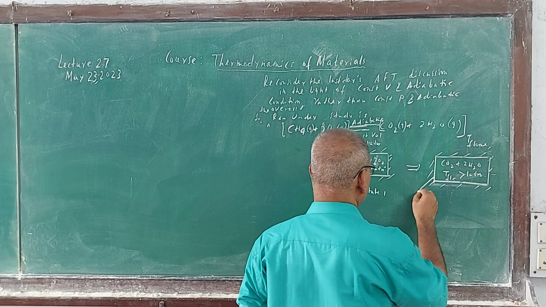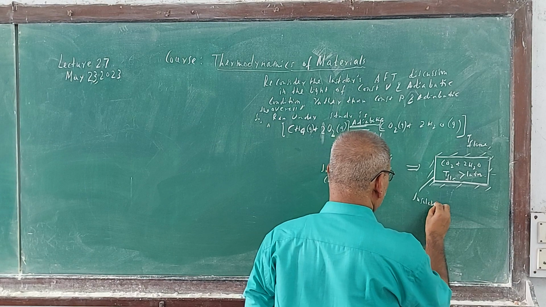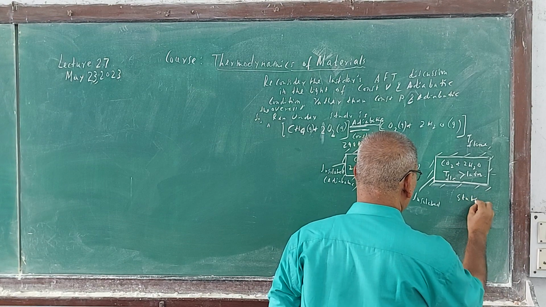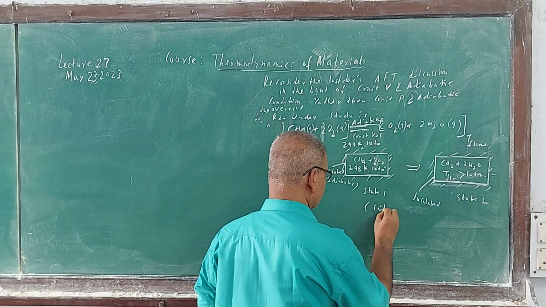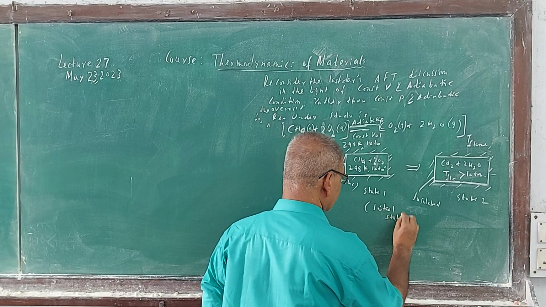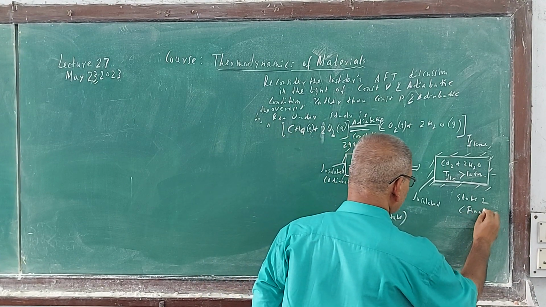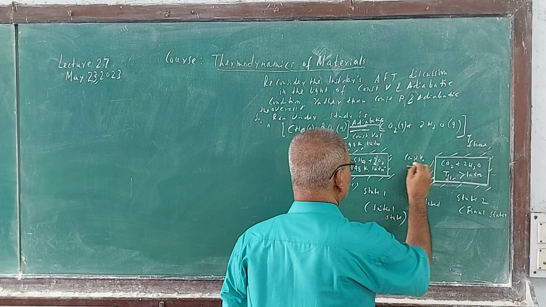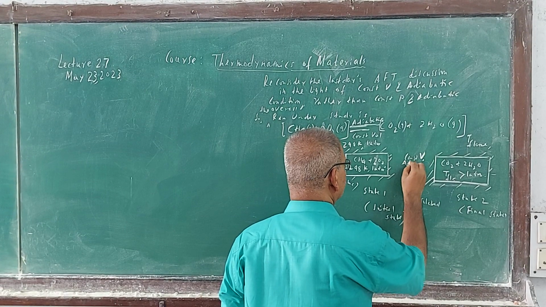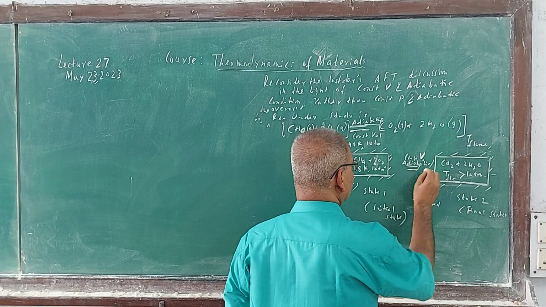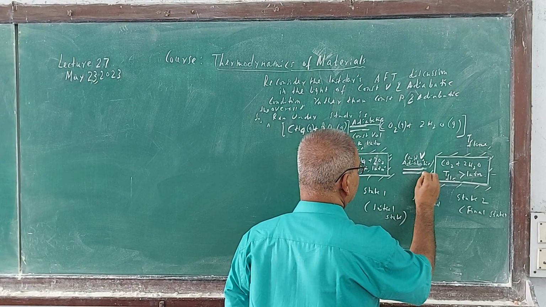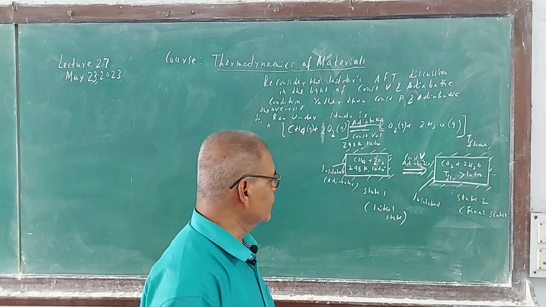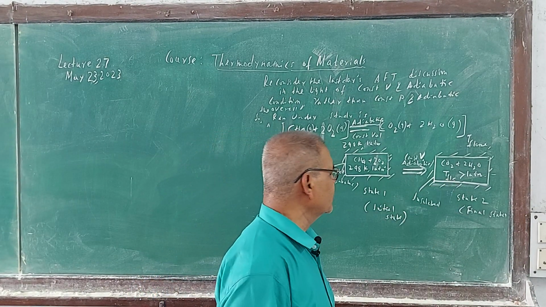Adiabatic, okay? So you write again insulated. This is the initial state, state 1, and the final state: constant volume, adiabatic.